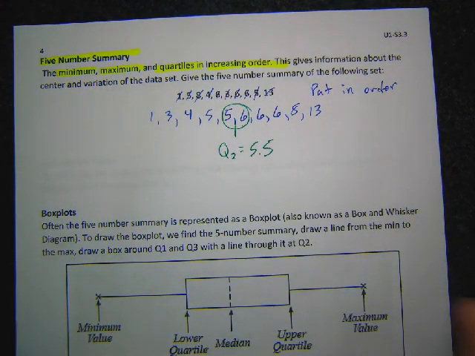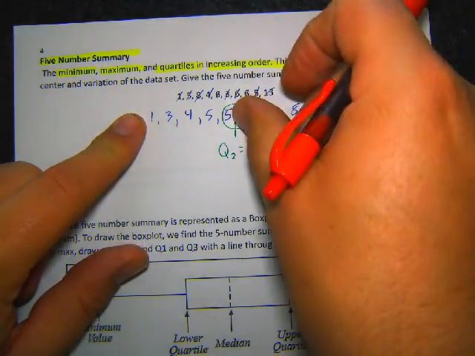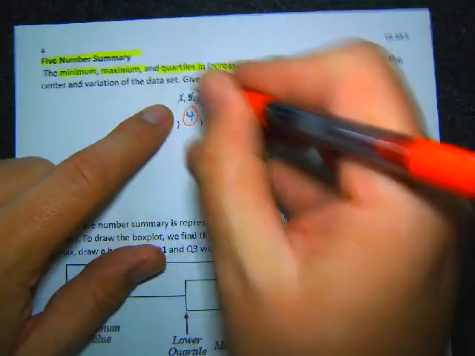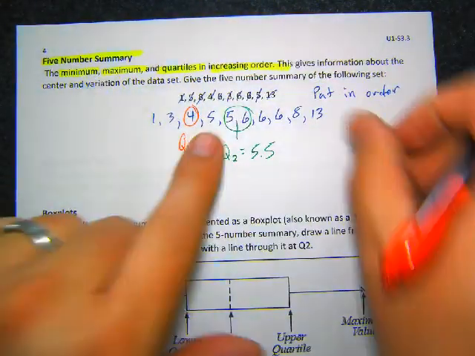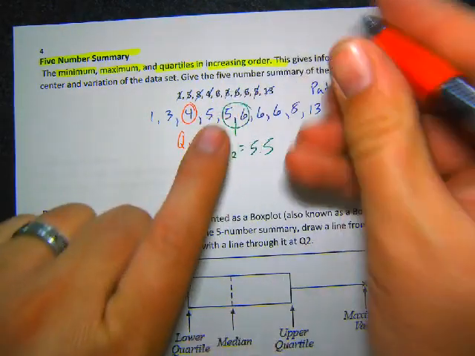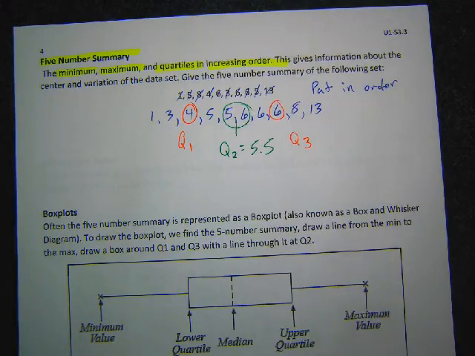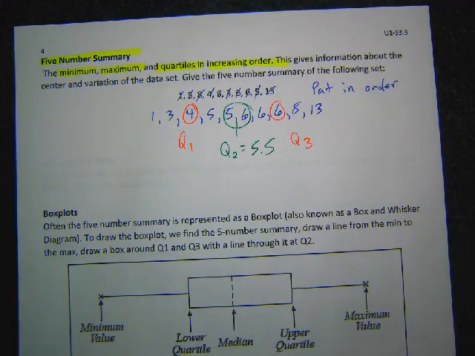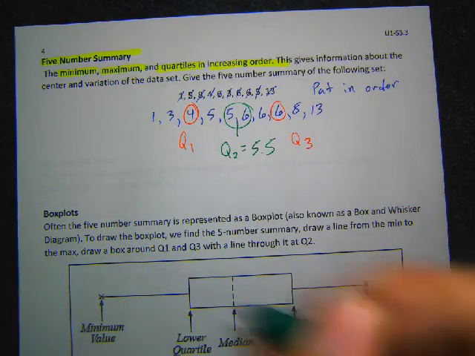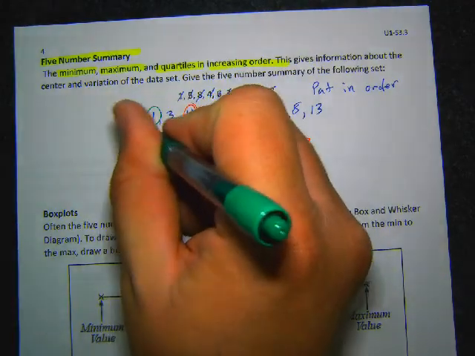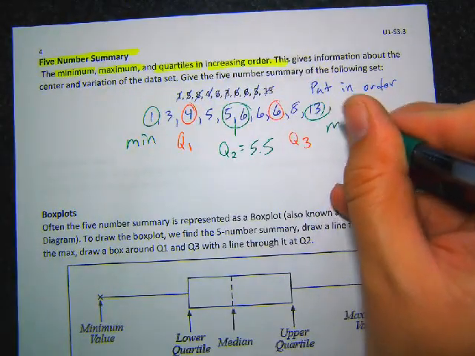Look for my other numbers. So on the bottom here, I'm going to say, okay, cover up. 4 is Q1. On the top side, I'm going to cover up. I'll say 6 is Q3. And then again, we use the min and the max. So I'm going to go ahead and say this guy right here is the min, smallest, right? 13 is the max.